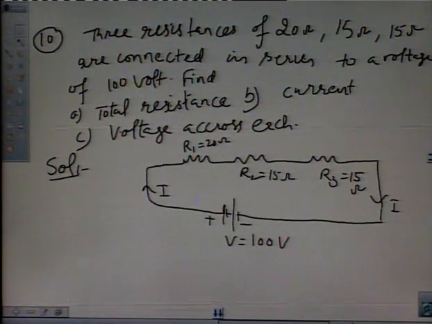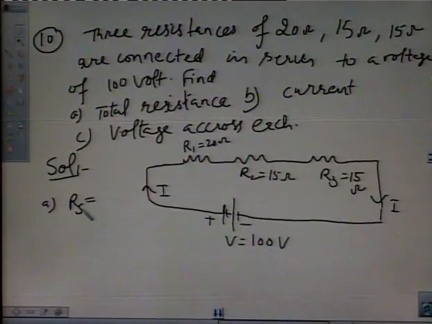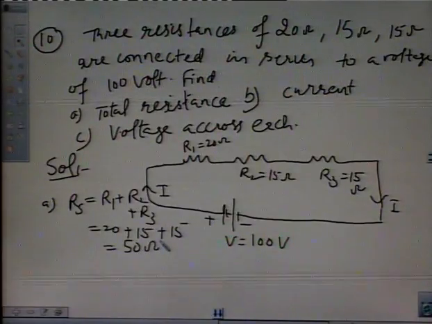So in this case, firstly we have to find the total resistance. Since these resistances are connected in series, the total resistance in series Rs is equal to R1 plus R2 plus R3, which is equal to 20 plus 15 plus 15. So this is equal to 50 ohm. This is the total resistance.